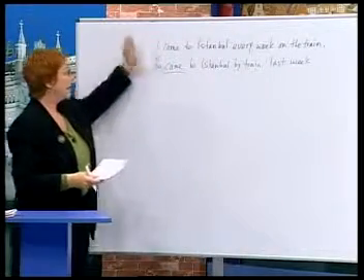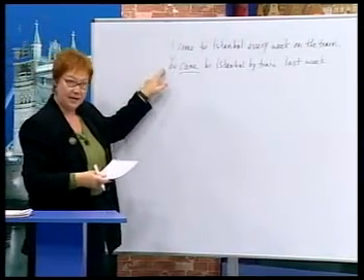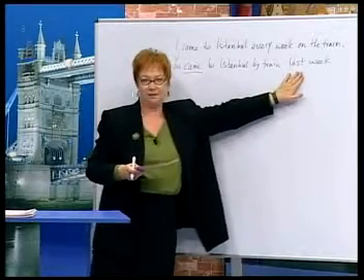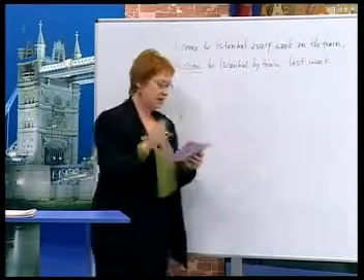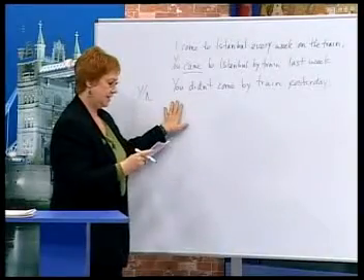Okay? I come to Istanbul every week on the train. You came to Istanbul by train last week. Okay? Another example. You didn't come by train yesterday. This is negative.